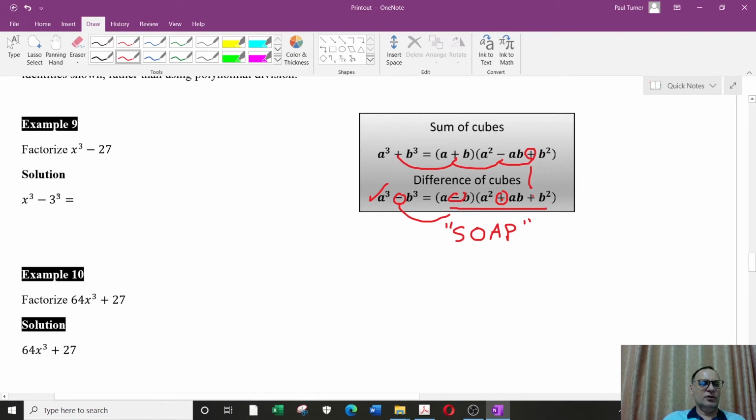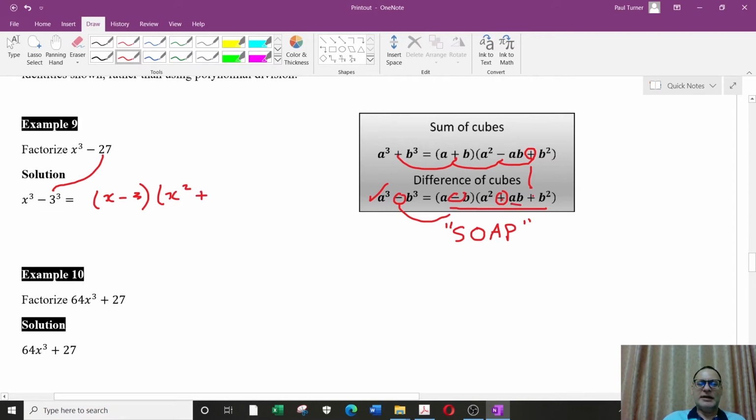So x cubed minus 3 cubed. So change your number to a cube. 27 is 3 cubed. So using the difference of cubes here, we would have x minus 3 as the first factor. And then we would have x squared. Then we change it to positive.